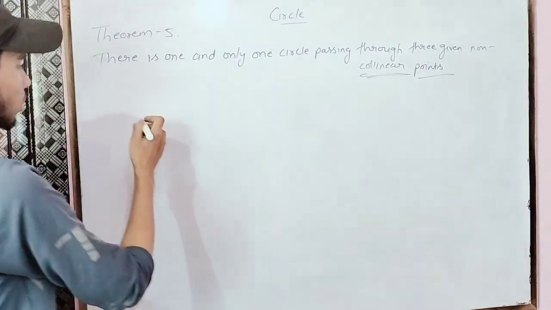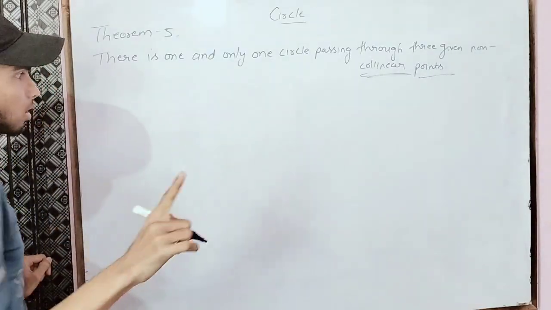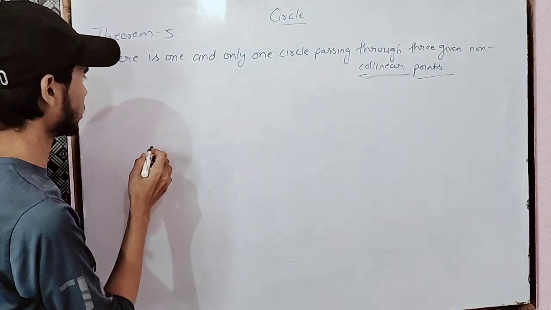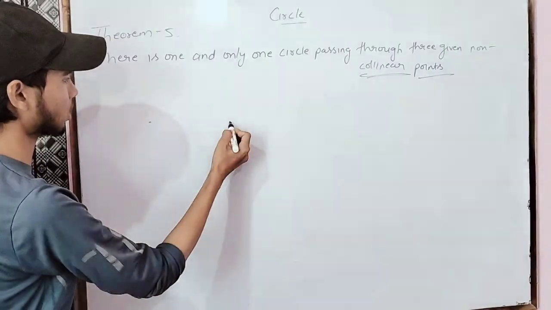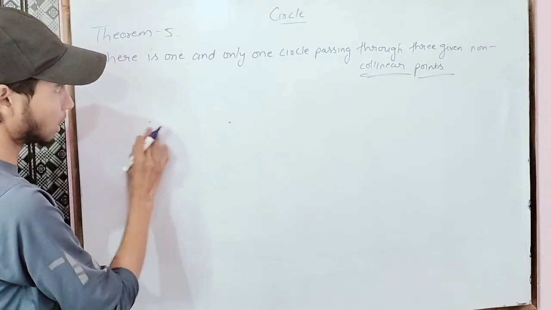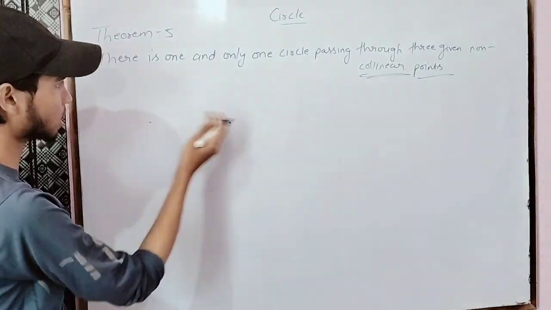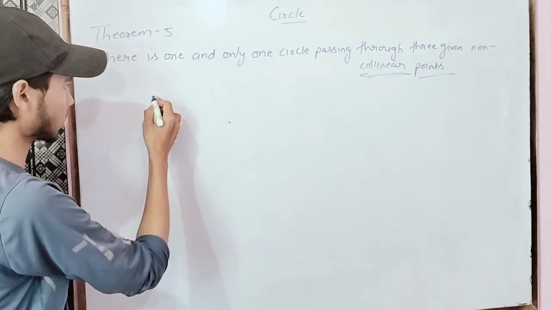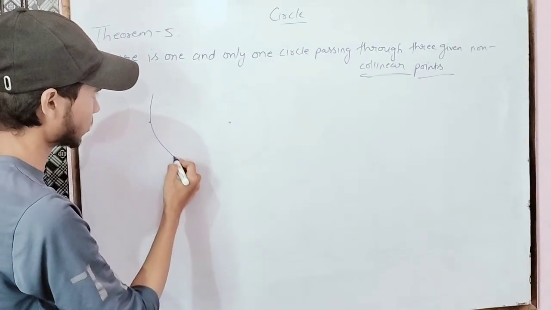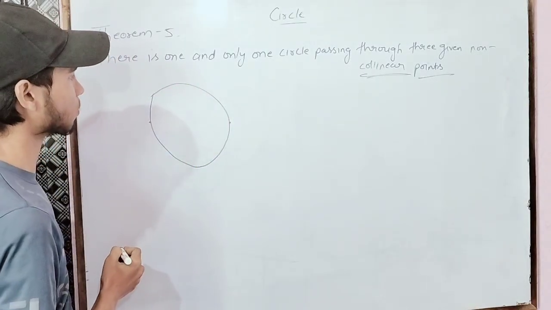Now we have seen one point, now 2 points. This is one. Two points are always collinear, two points are in a straight line. Now this is one, this is one.